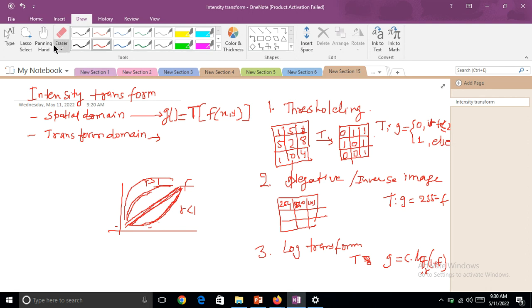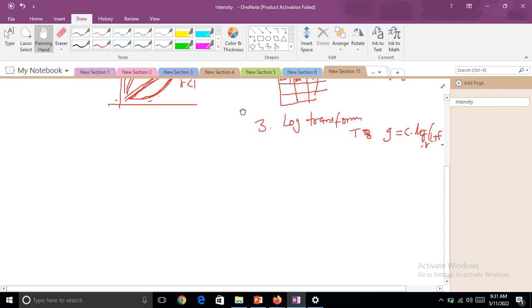The next transformation is gamma transform.